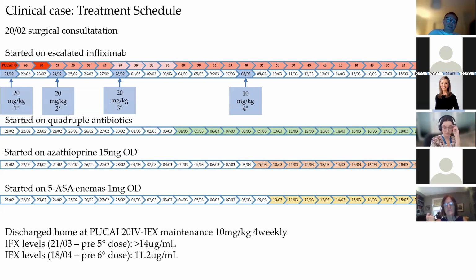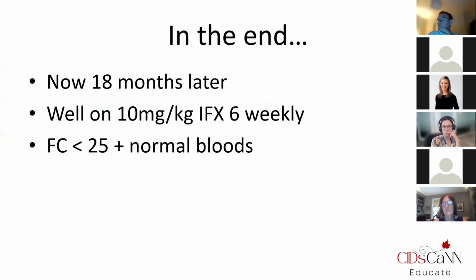She went on to standard dosing infliximab after this initial month, 10 per kilo 4 weekly. And you can see we got her dosing pretty right. I was happy that by the time we came to our 6th dose, we were really where we wanted to be with maintenance. Next slide.